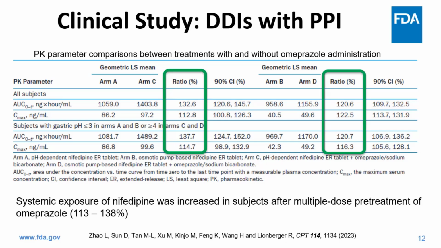So the bottom part of the table was the statistical analysis for the subpopulations whose gastric pH was less than or equal to 3 in arms A and B, and also pH was greater than or equal to 4 in arms C and D. So as you may see, similar increases in AUC and the Cmax ratios were observed for both pH-dependent and osmotic pump-based pH-independent nifedipine ER tablet products in this subpopulation.